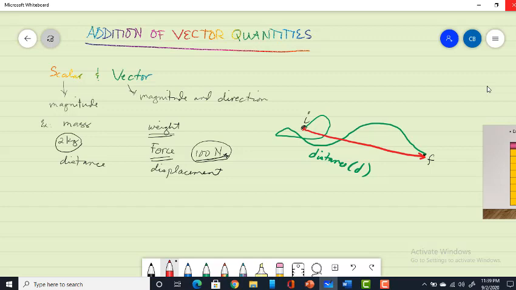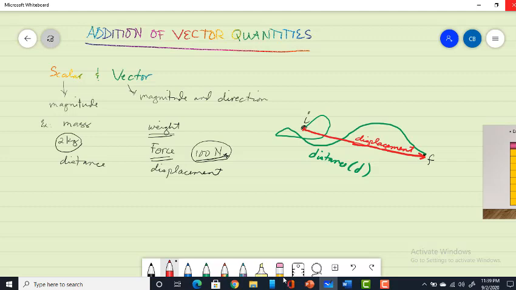This now is our displacement. So displacement is a directed quantity. Simply, it is the distance from the initial position to the final position, in a straight line.